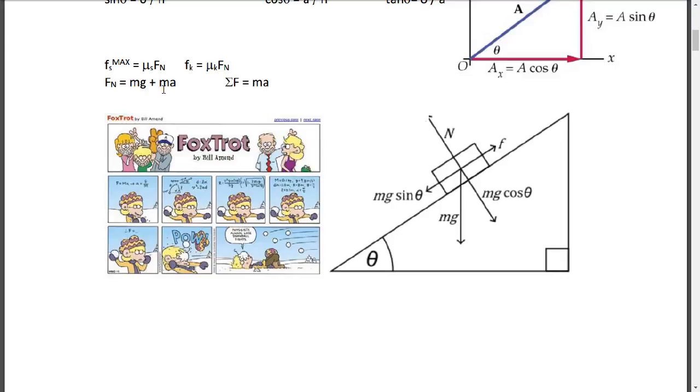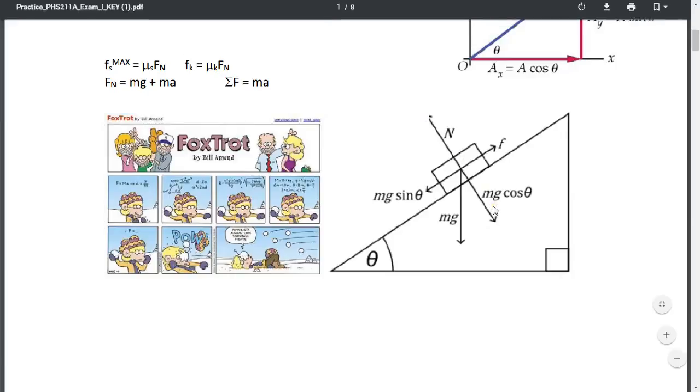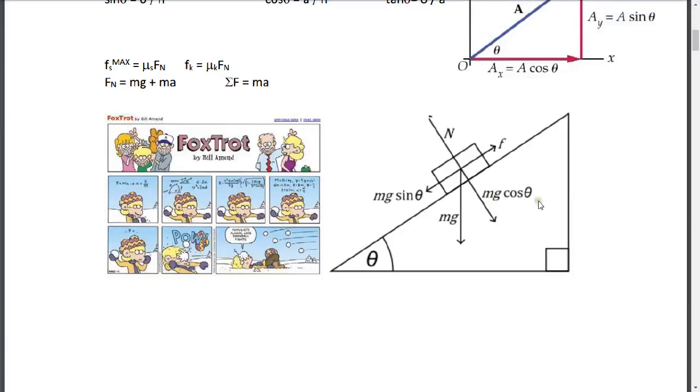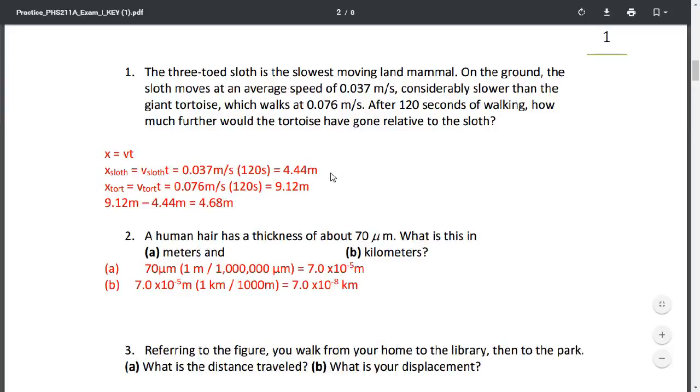And there are other ways the normal force can be convoluted, including an object on an inclined plane, where the normal force is mg cosine theta, and the force component of the weight that accelerates an object down the incline is mg sine theta, and that motion may be opposed by friction. This is all information that I will give you on the equation sheet.